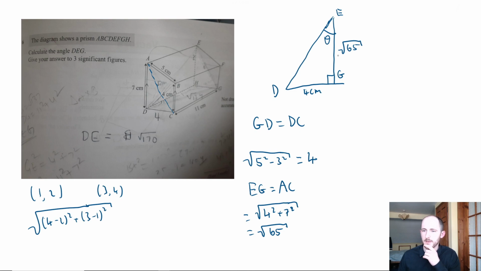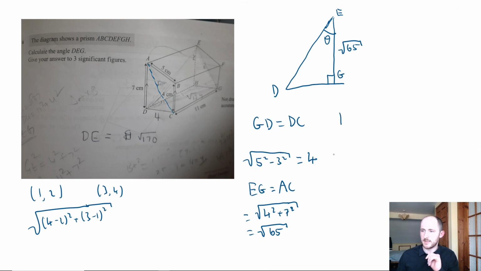Perfect. For that 4 centimeters, you're right, I did make a slight error. DG is not this part. We can work it out though, because for DG we can use Pythagoras with 4 and 11. Does that make sense?